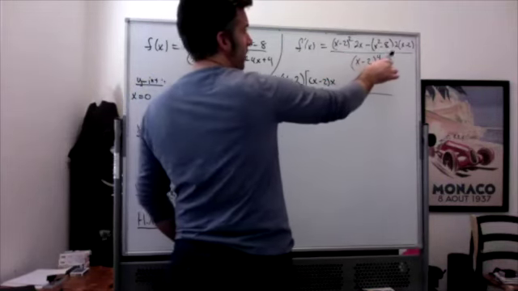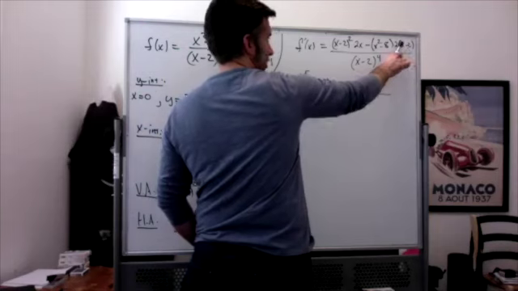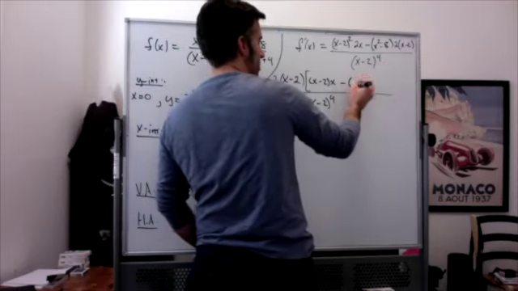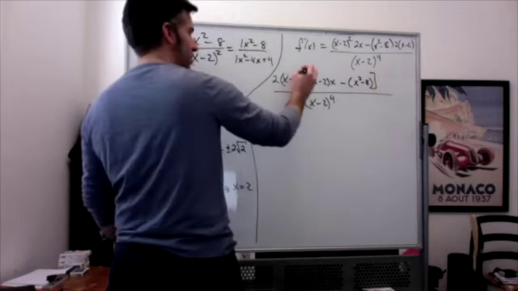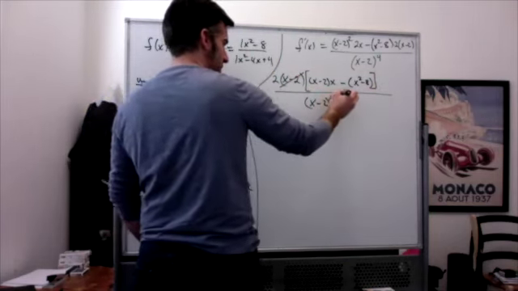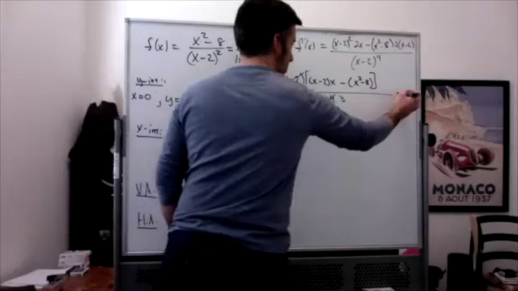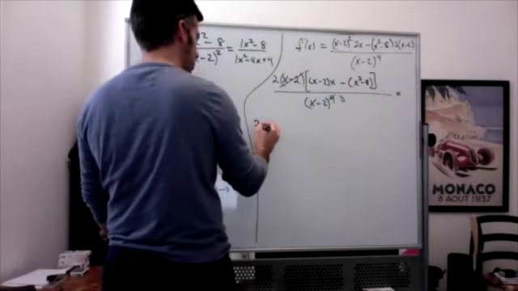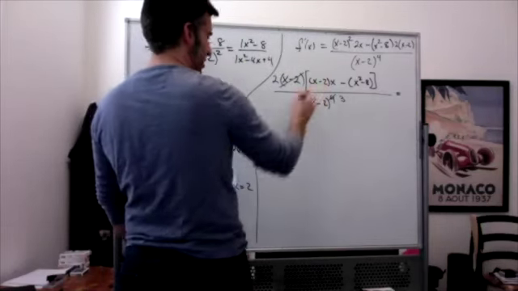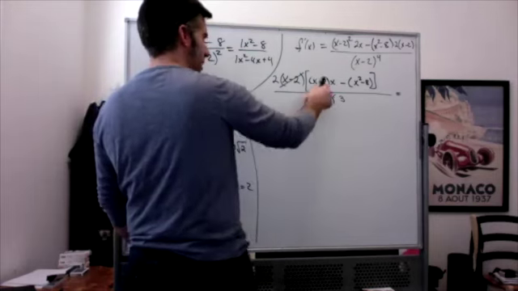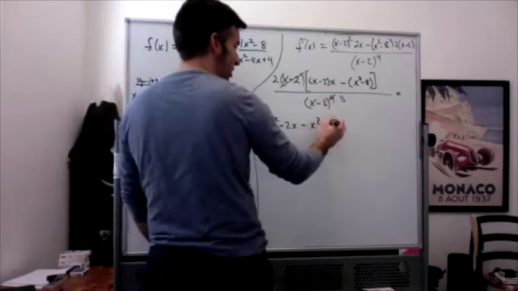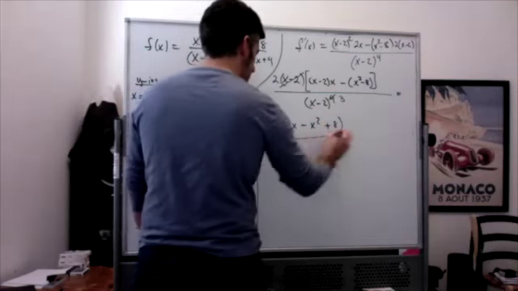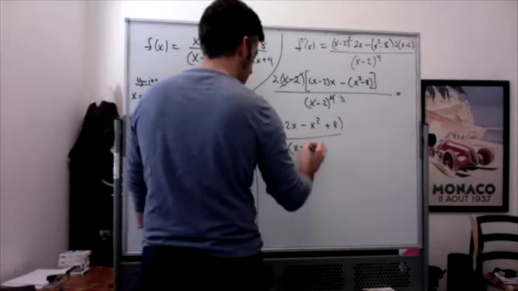And here I'm left with a minus (x squared minus 8). I can cancel this (x minus 2) with one of these (x minus 2)'s. So then I'm left with 2 times (x times x is x squared, minus 2x, minus x squared plus 8) all over (x minus 2) cubed.